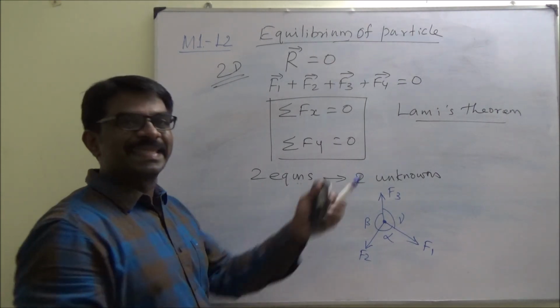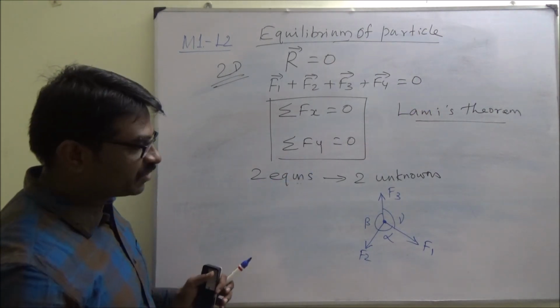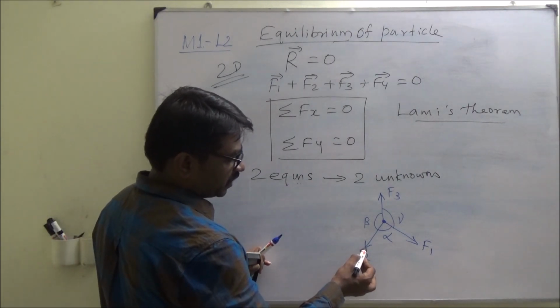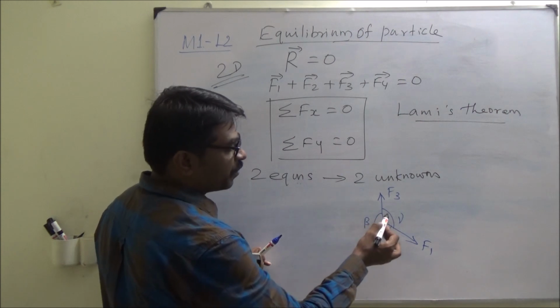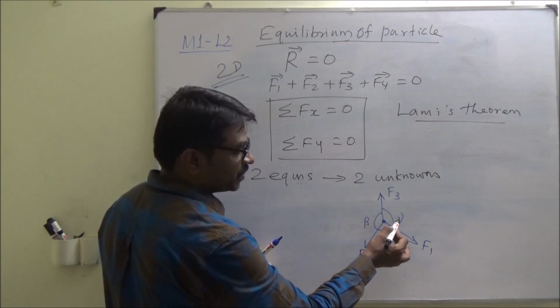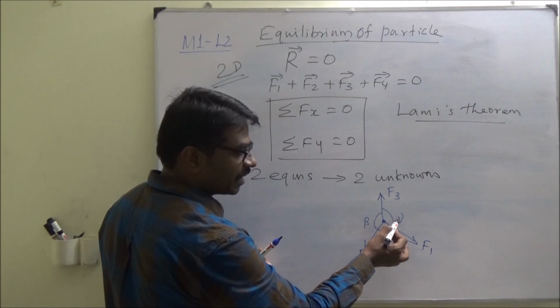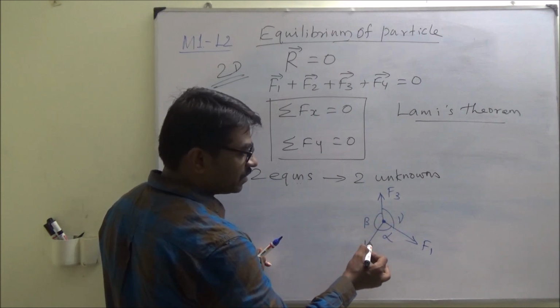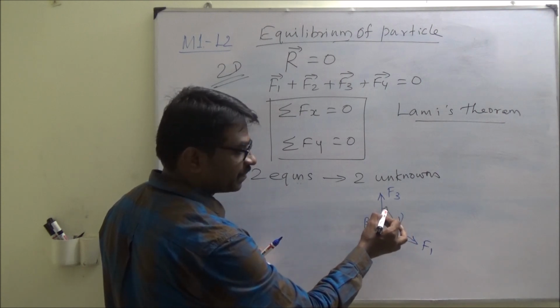Now, what is Lami's theorem? Lami's theorem says, say for example, take this force F2. F2 is proportional to sine gamma. That means the angle between the other two forces.